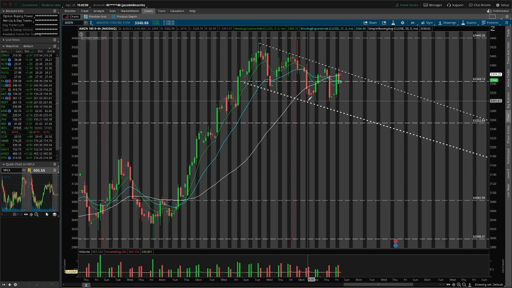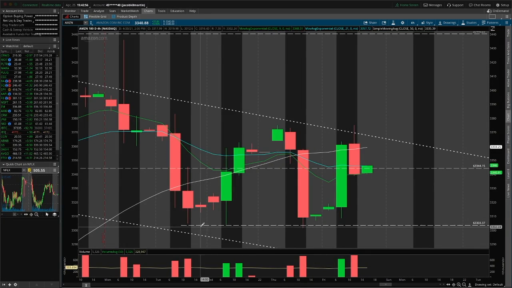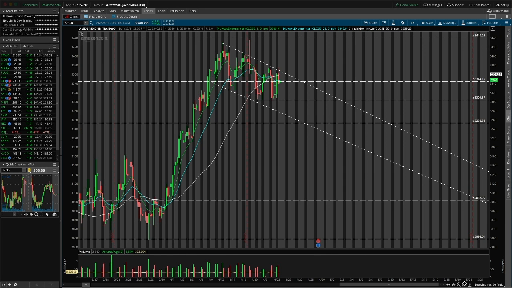You see how there's been a little bit of this consistent support line here where it's held 1, 2, 3, 4 times. So if that breaks and I see SPY's bearish, I see red volume, my price target is 3,000.